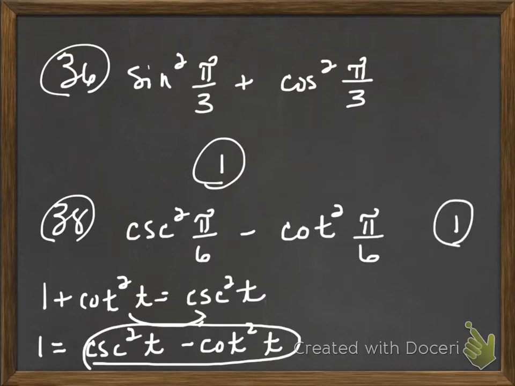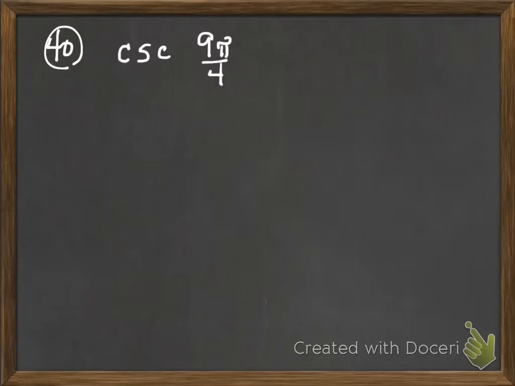Next set of directions ask us to find the exact value of each trig function, and it's asking us not to use a calculator. So they're asking us to find cosecant of 9 pi over 4. What I would do is change 9/4 to a mixed number, and the mixed number for 9/4 would be 2 1/4 pi.